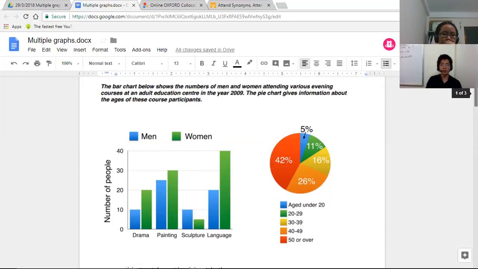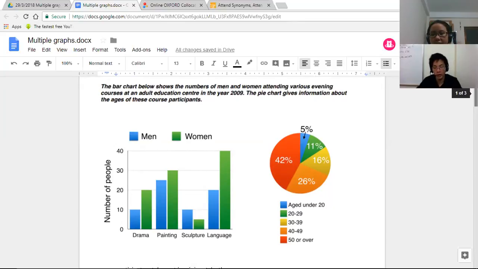So let's do it right now. Should we have 3 sentences? Like the first one is about the diagram, the second shows this while the pie chart shows this. Or just two sentences is fine. Normally, now you have two main graphs, so you have two sentences maximum.